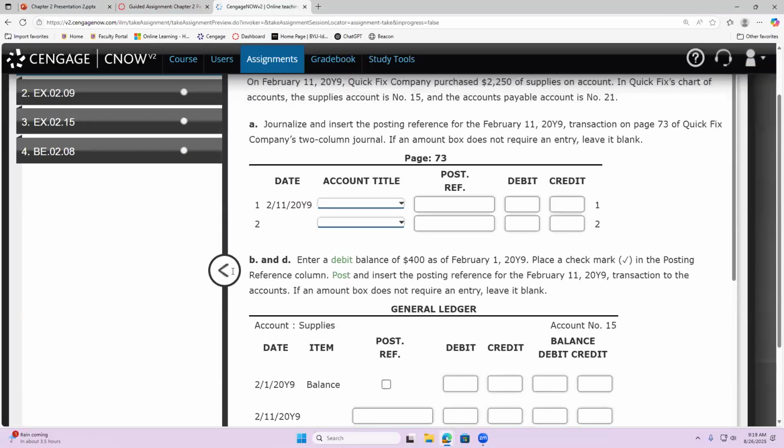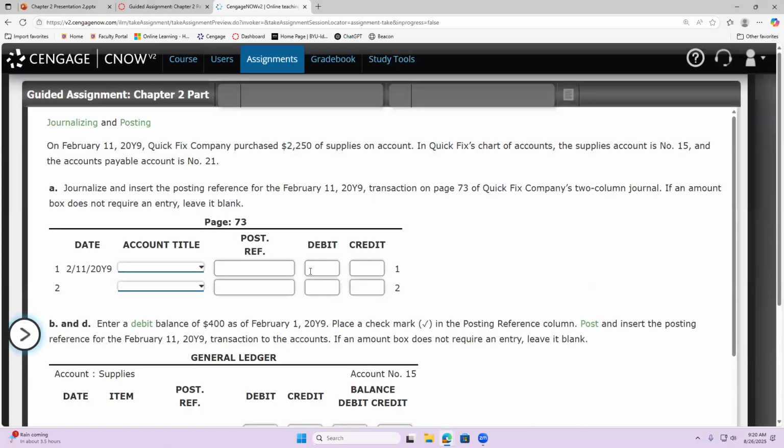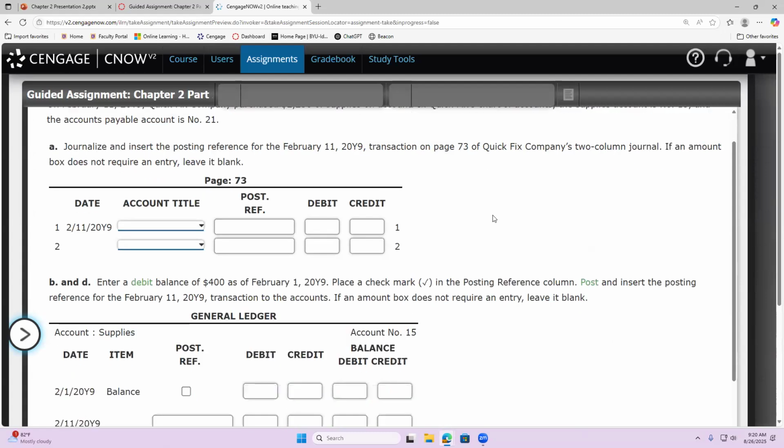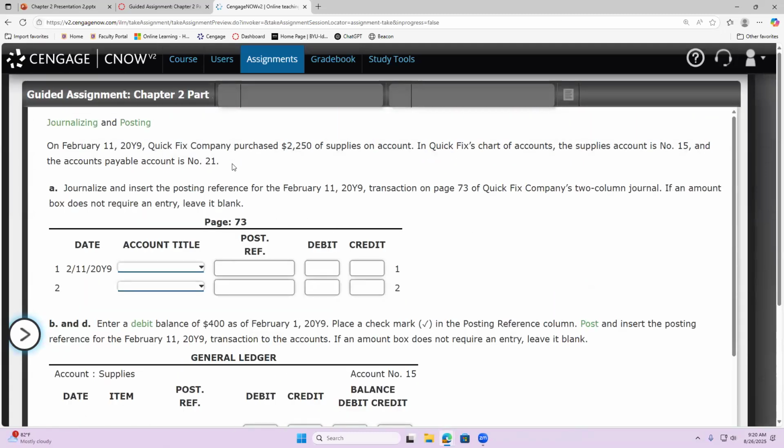All right. So the first one here, February 11th, 2019, the Quick Fix Company purchased $2,250 of supplies on account. So here's the part that's a little confusing, and I'll explain it. They want us to journalize that transaction. So the first part is we're going to put the names of the accounts.